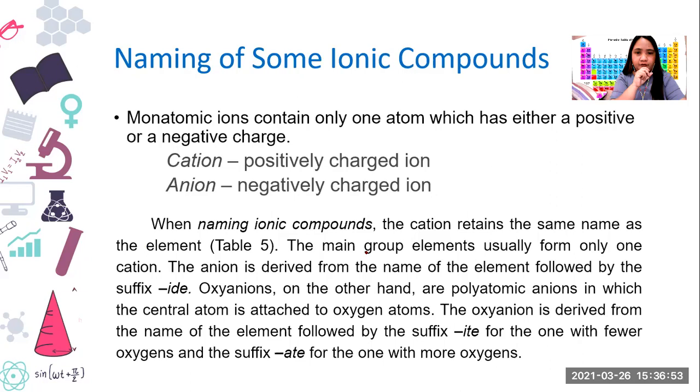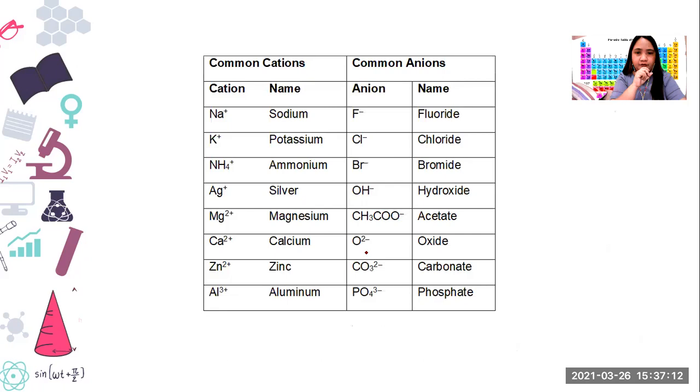But when there is oxygen in the second compound, the suffixes become different. You can use -ite or -ate. That depends on the compound. So these are the common ones.